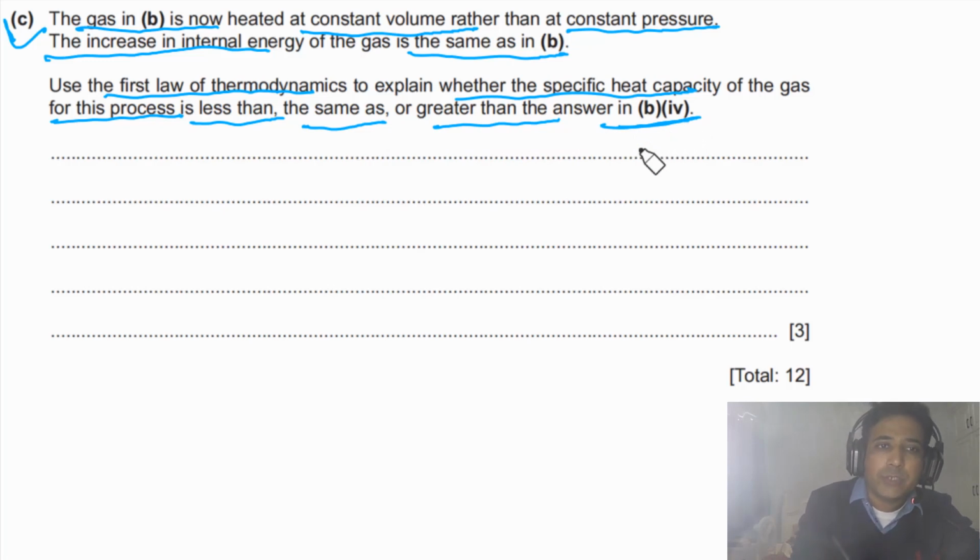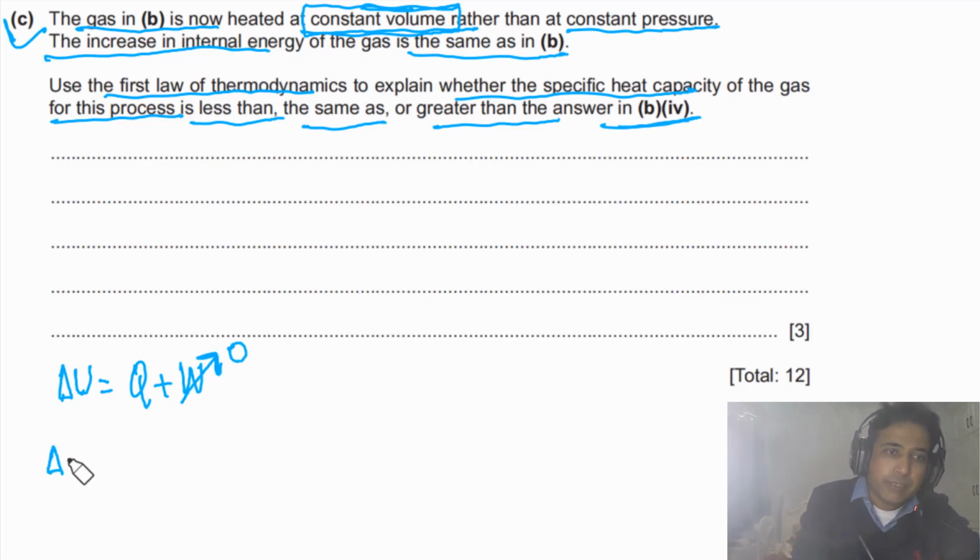First of all, we need to understand that in this case the first law of thermodynamics is delta U equal to Q plus W. For the second process, volume is constant. So if volume is constant, it means the work done by the gas is equal to 0.